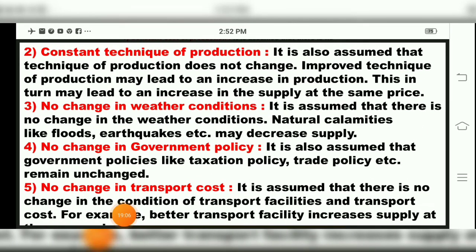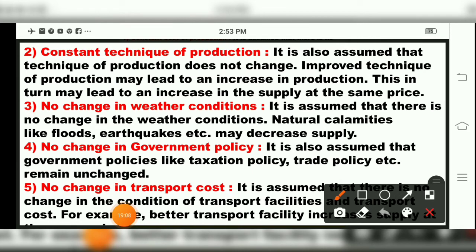Then second, children, constant technique of production. Now what is this constant technique of production? It is also assumed that technique of production does not change. Improved technique of production may lead to an increase in production.